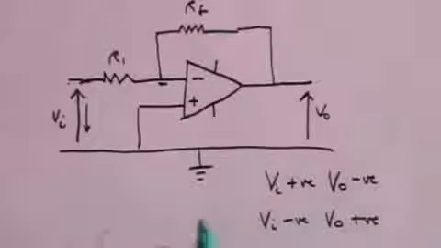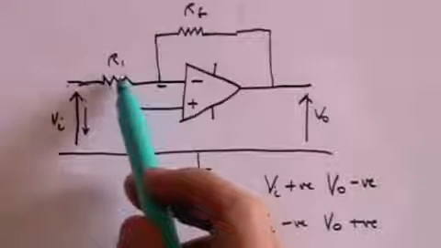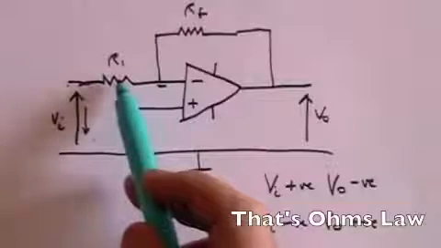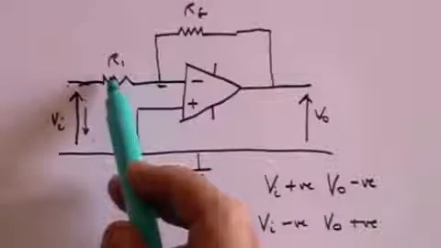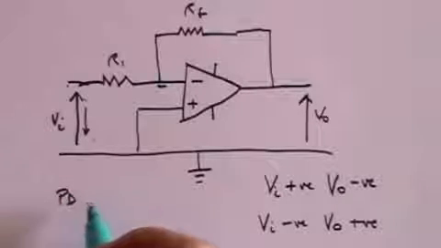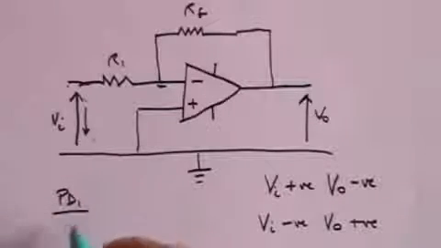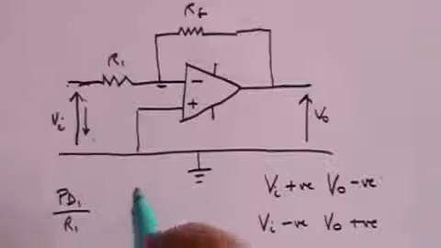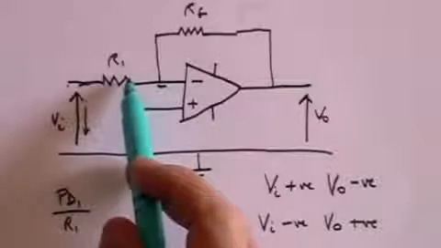And so you can say that the current is going to be the voltage divided by the resistance. So the current through R1 is going to be the PD across R1 divided by R1, and that's the current that goes through R1.